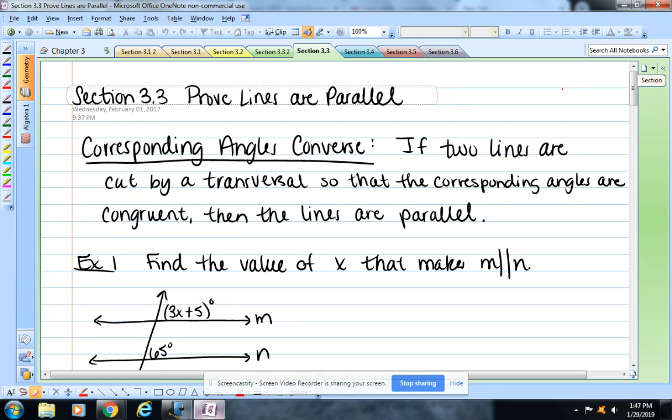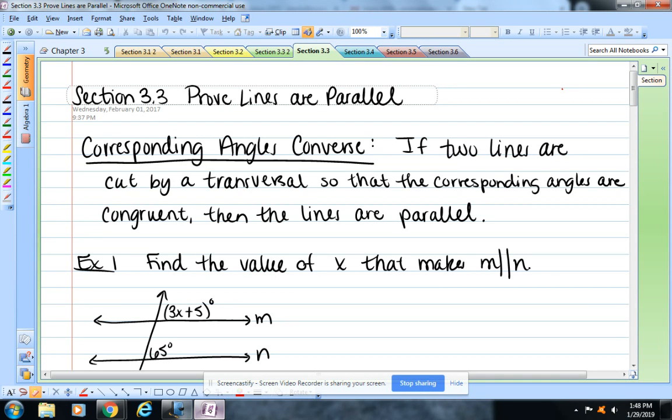The converse theorem says if two lines, just lines, are cut by a transversal and corresponding angles are congruent, then the lines are parallel. So the original postulate told us they were parallel, and that showed that corresponding angles are congruent.